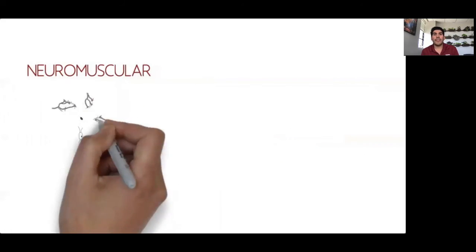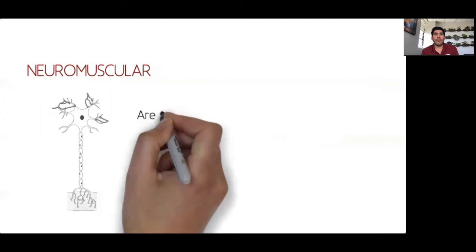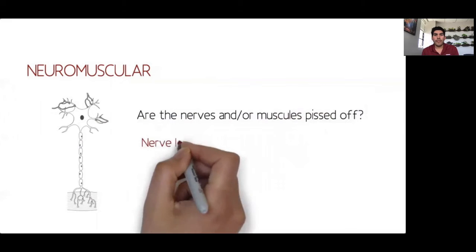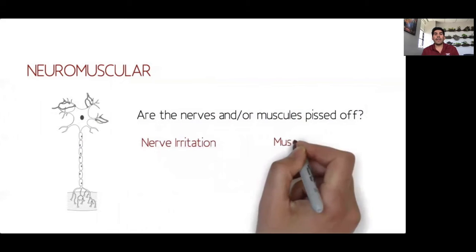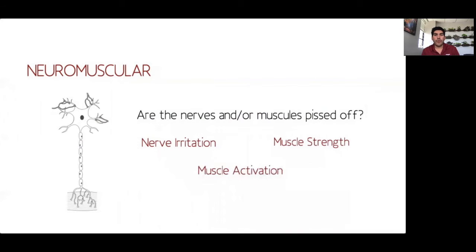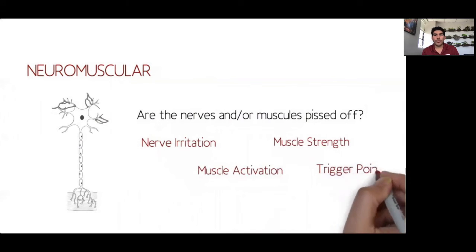And then the last thing is neuromuscular. With neuromuscular, I'm basically asking, are the nerves and/or muscles upset? Here I want to look at, is there nerve irritation by the joint? Is there a muscle strength issue, or a muscle activation issue? Are there trigger points? Nerve irritation can cause trigger points, which can then cause changes in muscle strength and muscle activation, and vice versa.